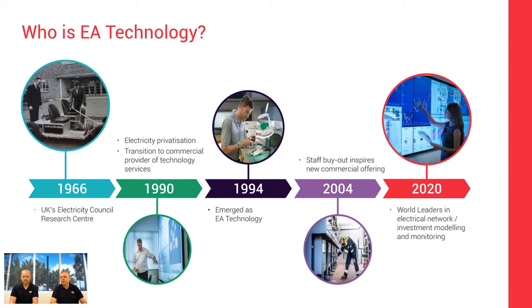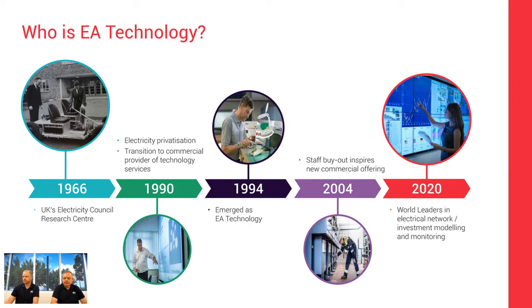Okay, just a very brief one about EA Technology in case you're unfamiliar. EA Technology started off as the Electricity Council Research Centre of the UK electricity industry back in 1966. And through that time, we actually started working on non-intrusive and partial discharge detection in the 1970s and 1980s.